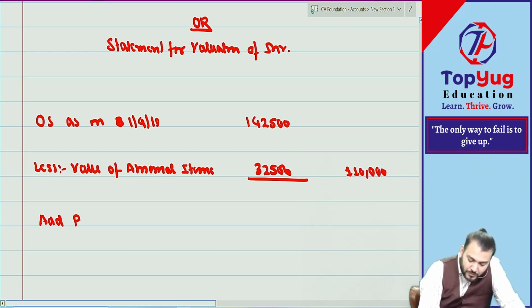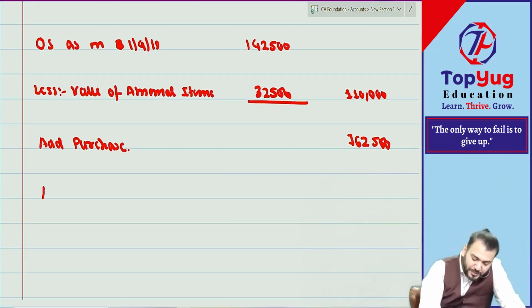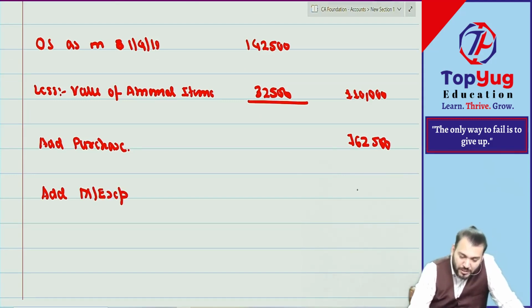In this we will add purchase. Purchase is what? 7,62,500. Then add manufacturing expenses. How much? 1,50,000.